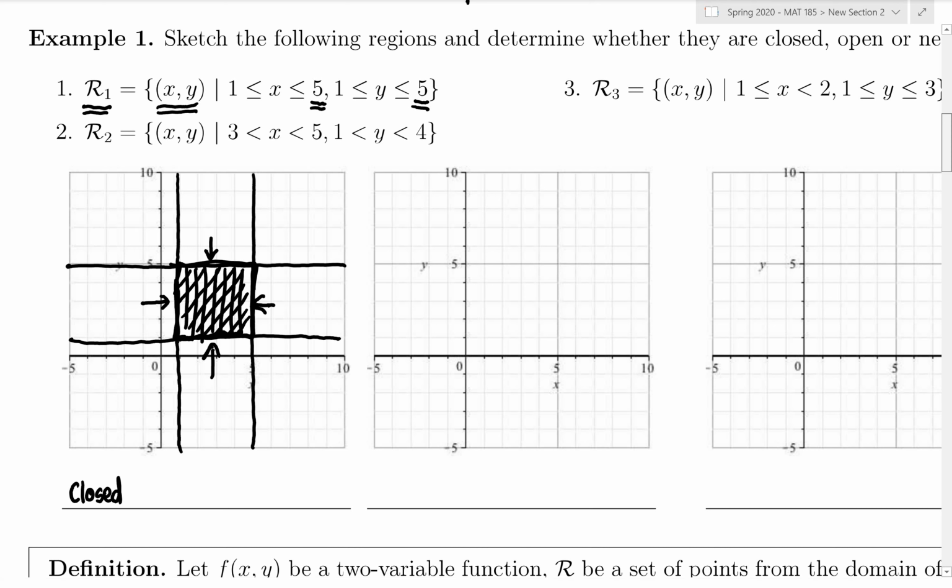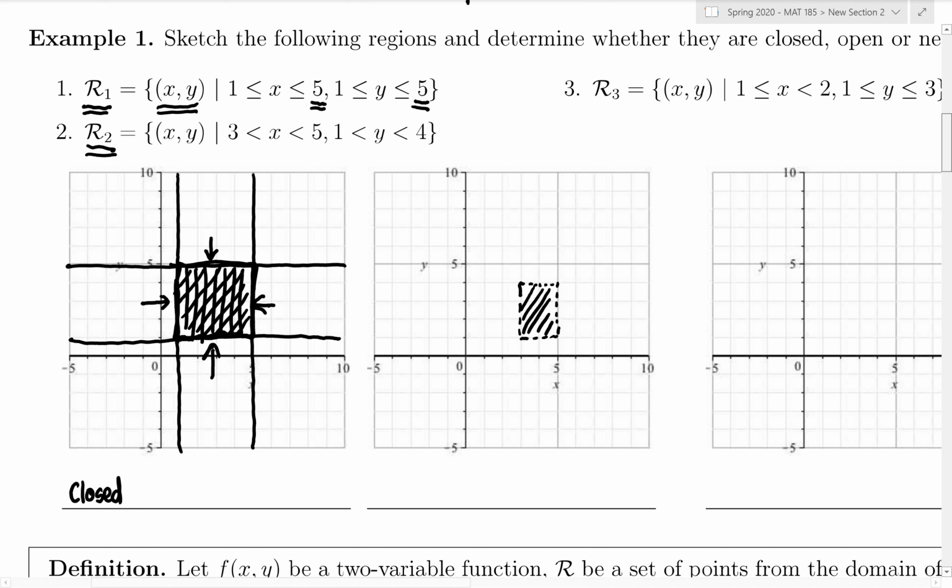Next we're going to look at R2, where we're looking at values of x and y, where x is between 3 and 5, not including the endpoints, and y is between 1 and 4. Since it does not include the endpoints, we draw a dotted line there.